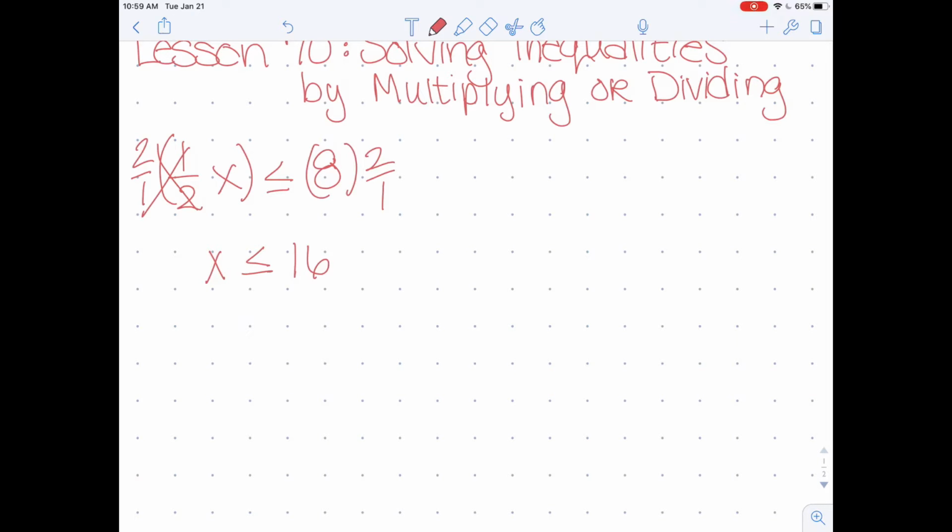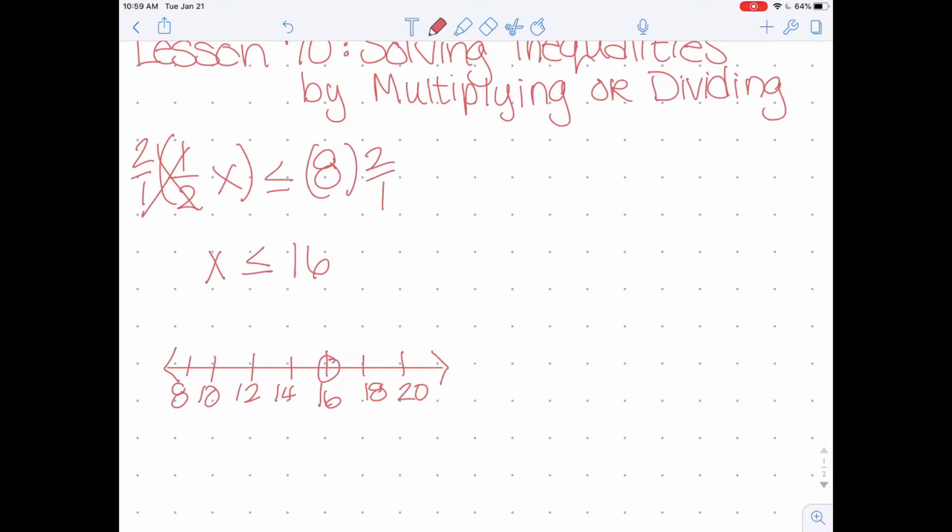Then, if we want to graph this on a number line, we're just going to throw 16 on here. This is 18, 20, 14, 12, 10. You get it.